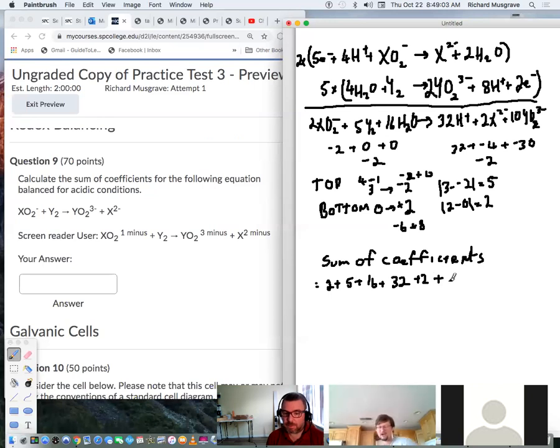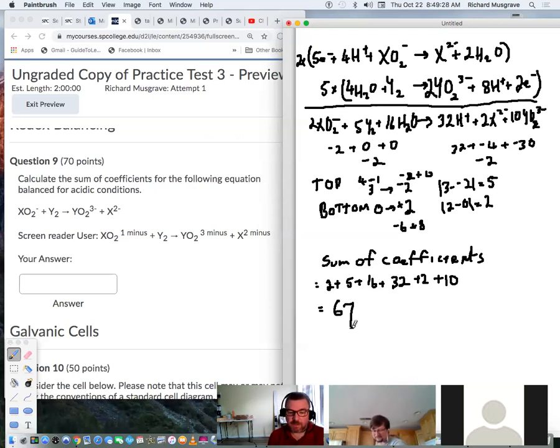So it's just all the numbers added up in front. And if it turned out that one of these didn't have a number in front, you'd assume it was a 1, just like you would for a regular reaction. But in this case, it would be 2 plus 5 is 7, plus 16 is 23, plus 32 is 55, plus 2 is 57, plus 10 is 67. So the answer would be 67.